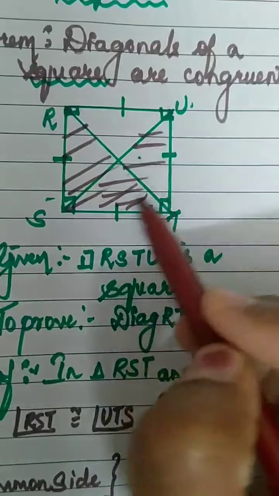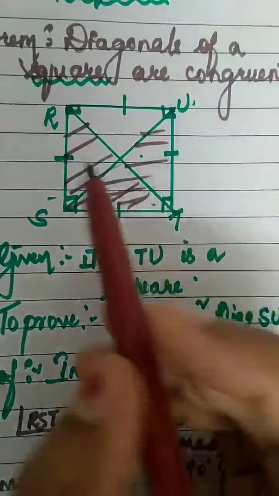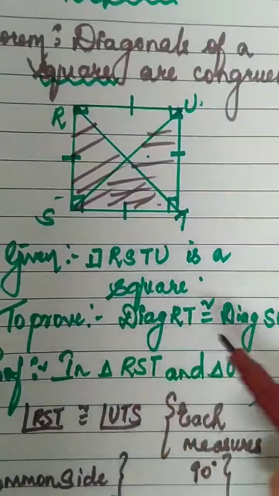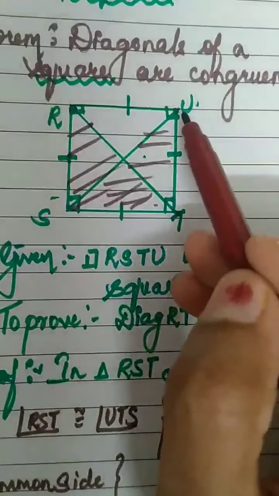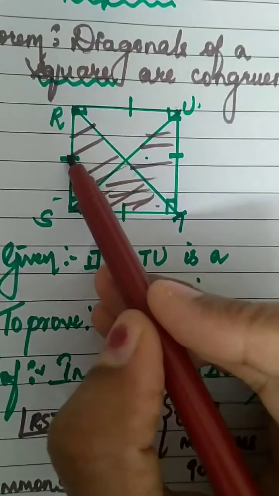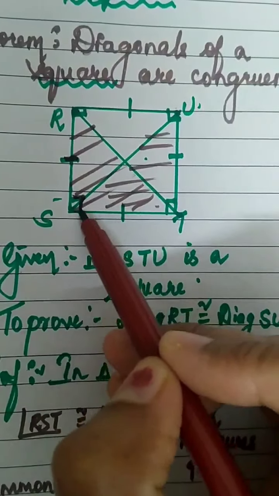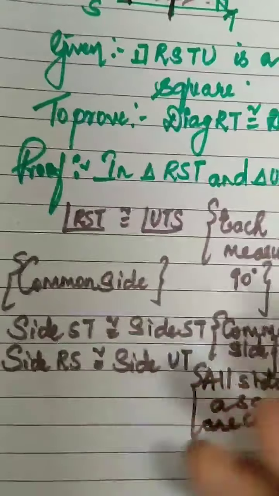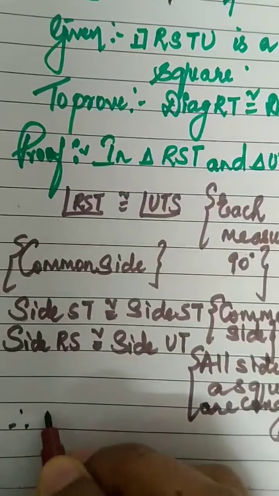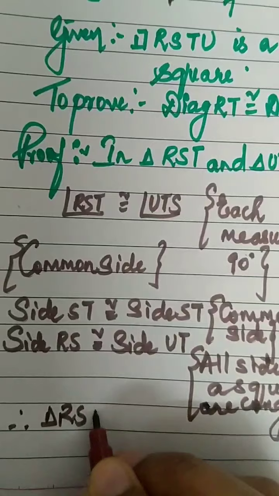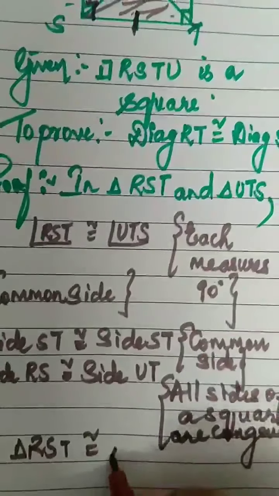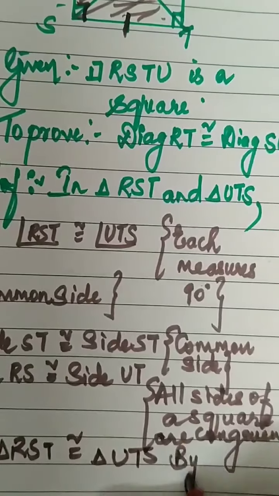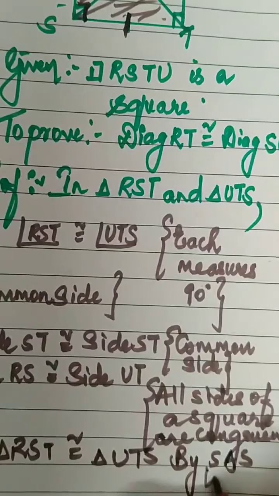We can't take the hypotenuse side test because we had not considered hypotenuse at all. We want to prove that RT is congruent to US. So which is the test? S, A and the common side S. SAS test, same like rectangle. So therefore triangle RST congruent to triangle UTS by SAS test of congruence.